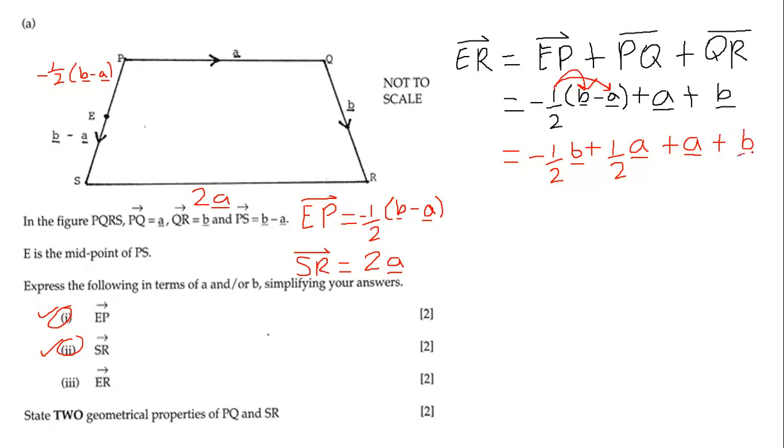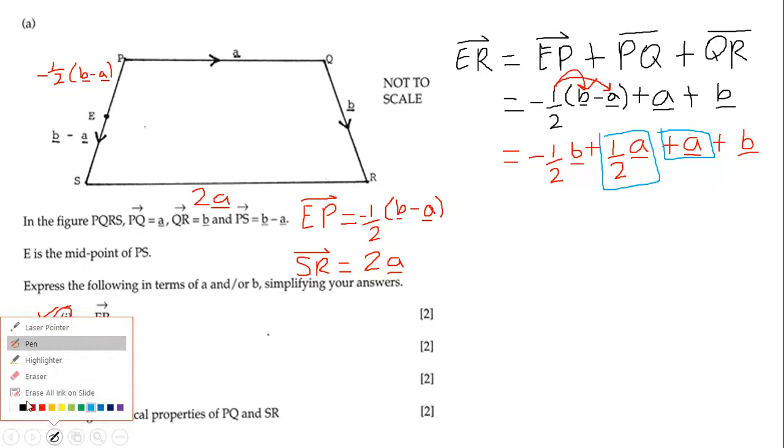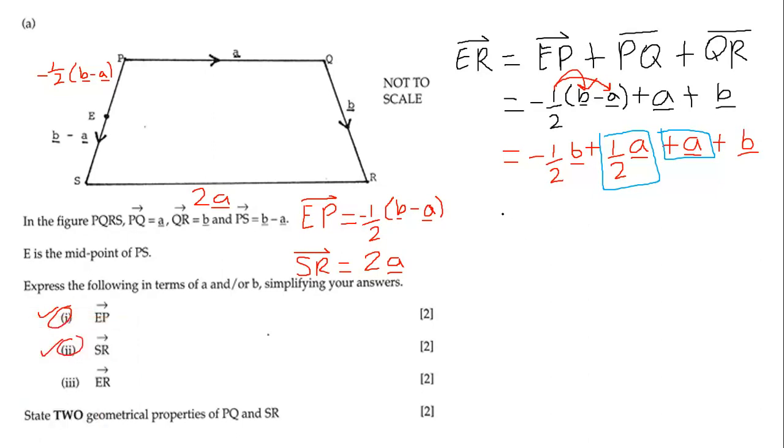Okay, and so now we can group the like terms. The like terms that we have are a. So a is a like term with the half a. So these two are like terms, so let's put them together.